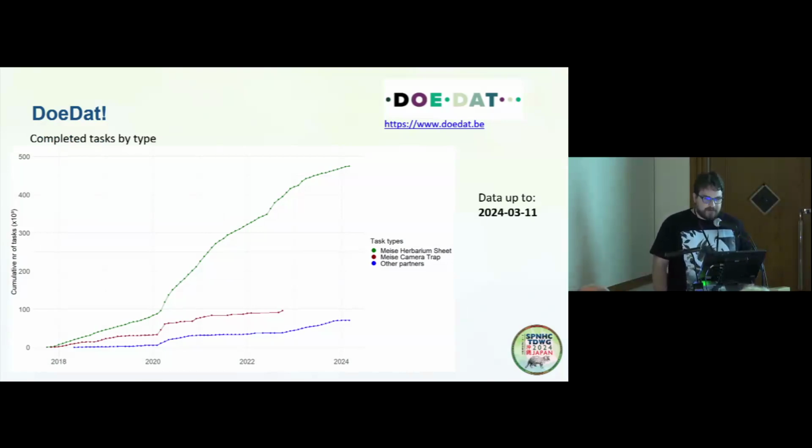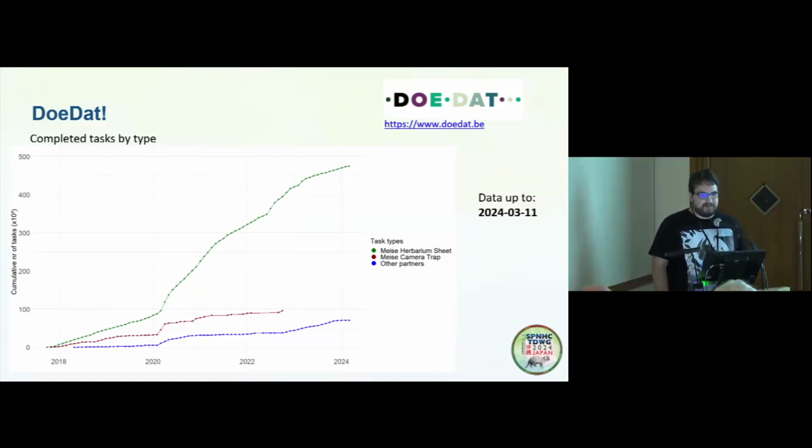We also had a selection of camera trap footage from our garden on there for quite some time, but we have discontinued that, not because it wasn't popular, but because we couldn't keep up meeting demand, because they were just done instantly and we hadn't the resources to keep maintaining this process in the garden itself. Content from other partners seems a bit low in this graph, but it's actually nearing the 100,000 mark, and it's quite diverse in what we have seen on there.